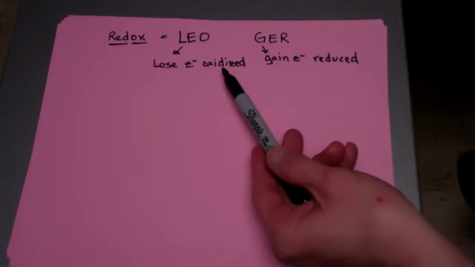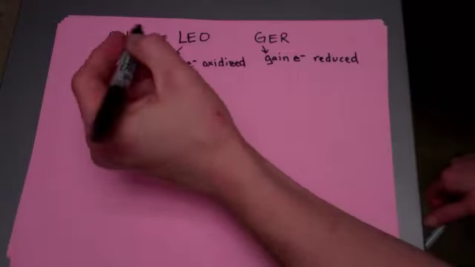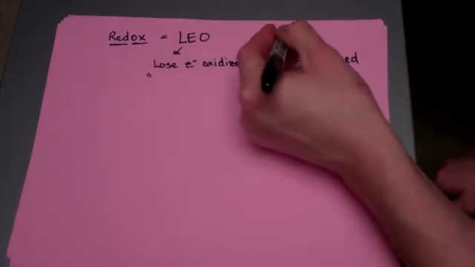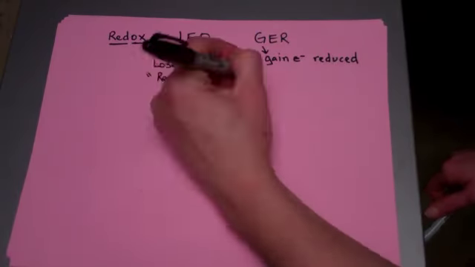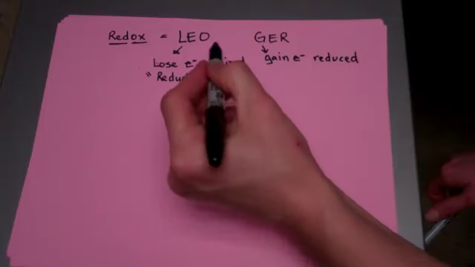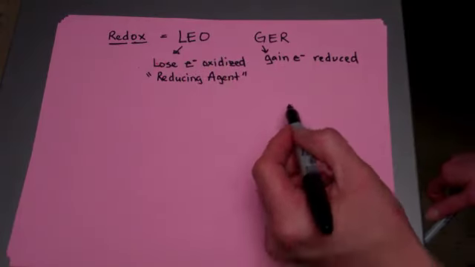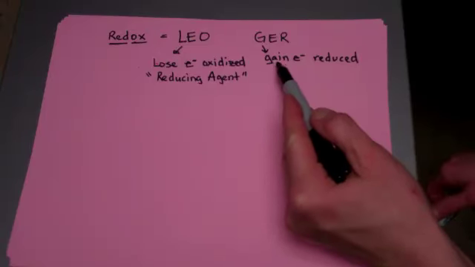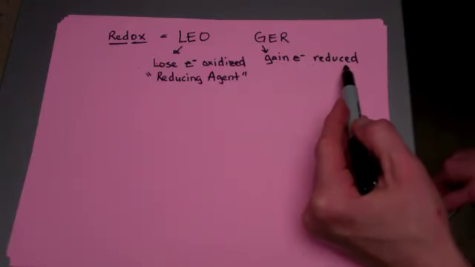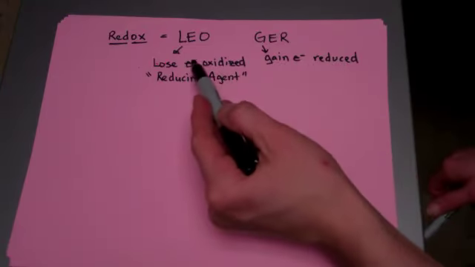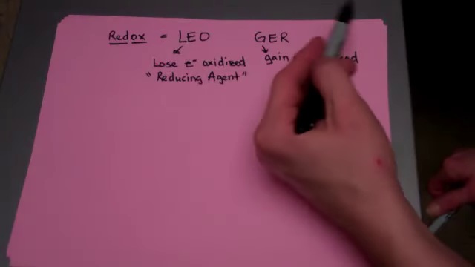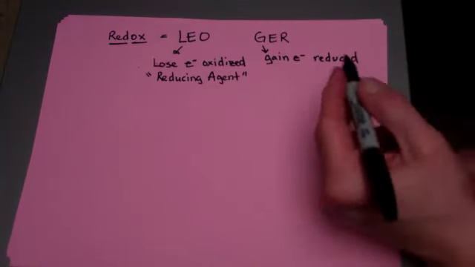So if something is oxidized, it is a reducing agent because it's going to reduce something else. So reducing agents get oxidized in the process. On the other hand, if something is gaining electrons and becoming reduced, it's oxidizing something else because it's taking those electrons from somewhere else.